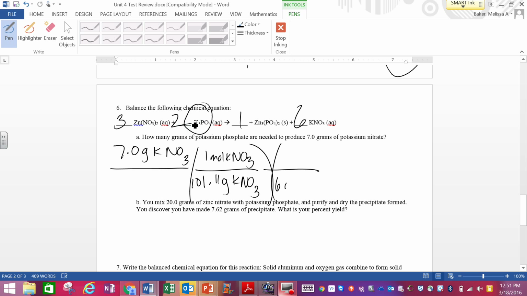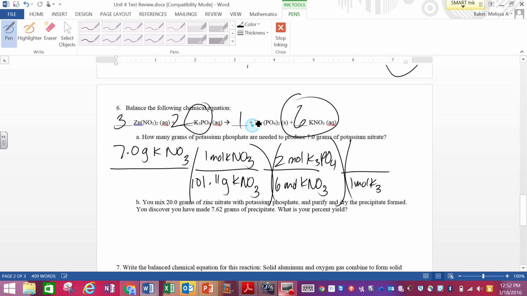For every 6 moles of KNO3, I'm getting that from the balanced equation, you only need 2 moles of K3PO4. Last step, let's get moles of K3PO4 into grams. The molar mass of K3PO4 is about 212.27 grams. Multiply across the top, divide by the bottom, I got 4.9 grams of K3PO4.